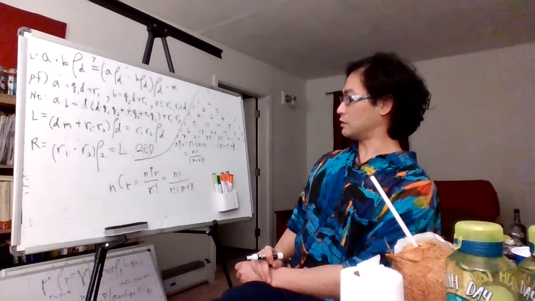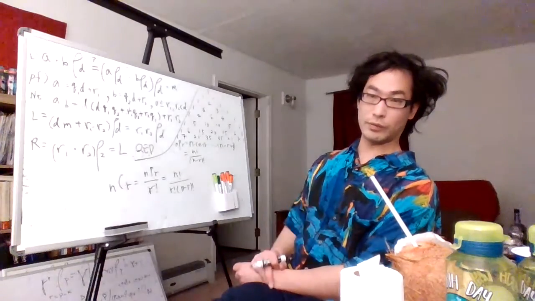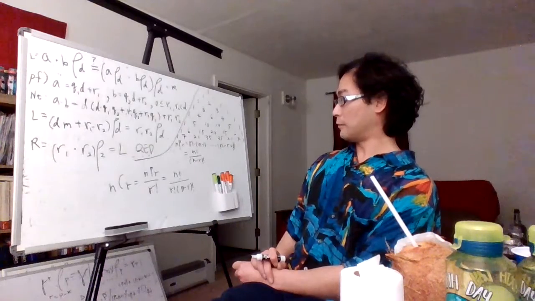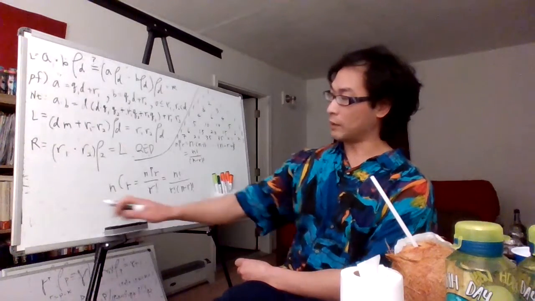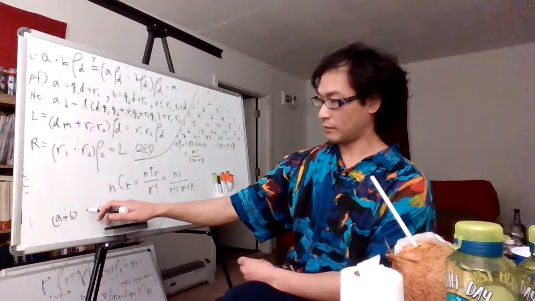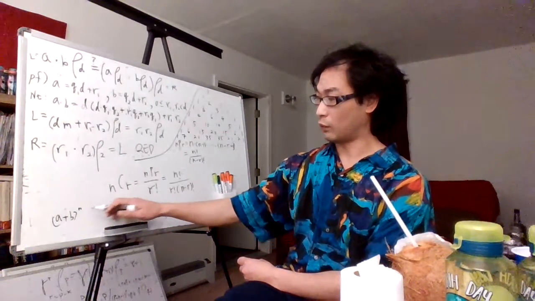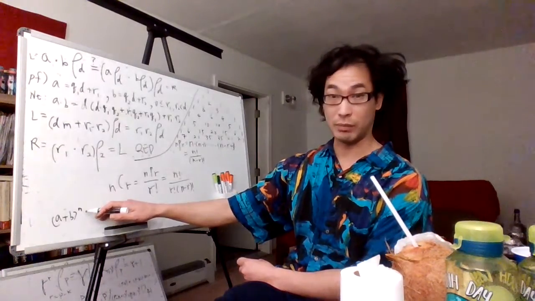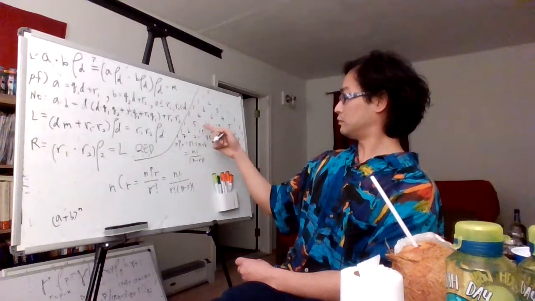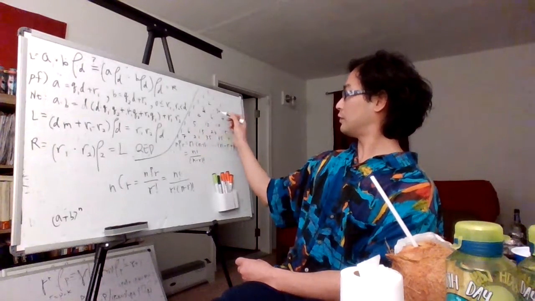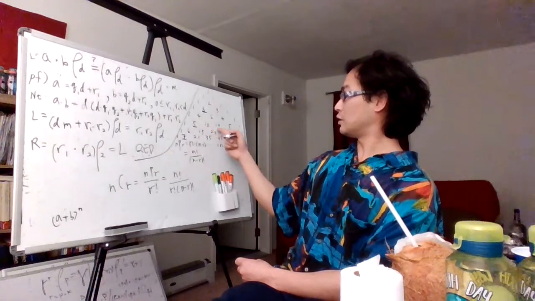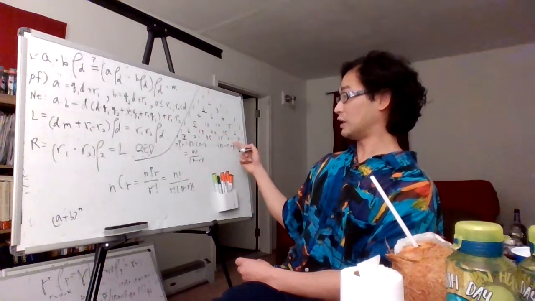Very interesting thing is this. From what I read on that brilliant.org, when (a plus b) to the n, and n, this power, is a prime number, all the middle terms, you see, you have 3, 5, 7, all the middle terms are multiples of that prime number, which is very interesting.